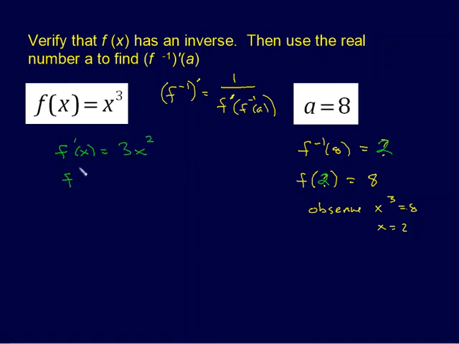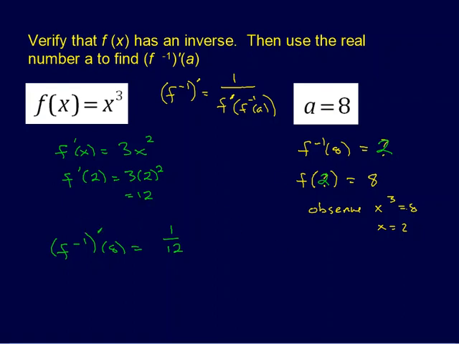And I'm now going to find f prime of 2, which is 3 times 2 squared, which is 12. And so now all I'm going to say is the f inverse prime of 8 is 1 over 12, because it's the reciprocal of the slope of f at 2.